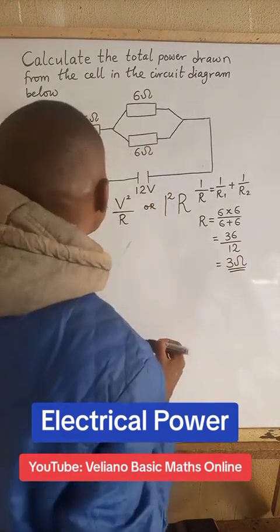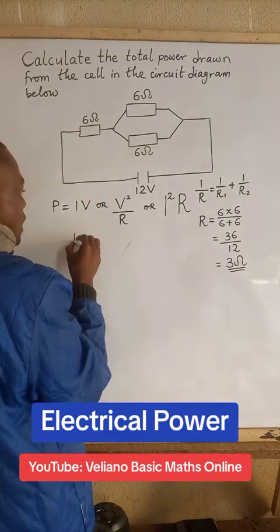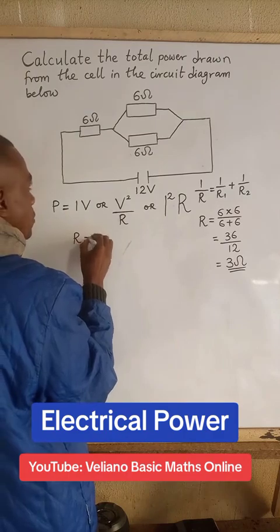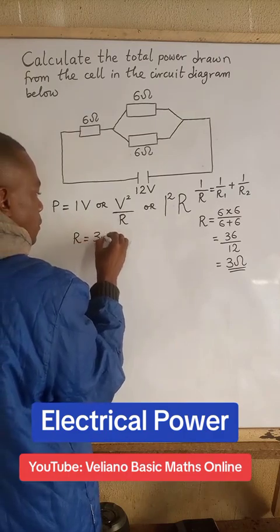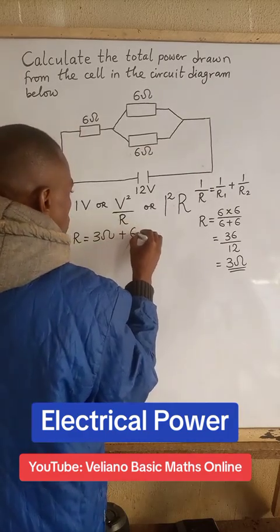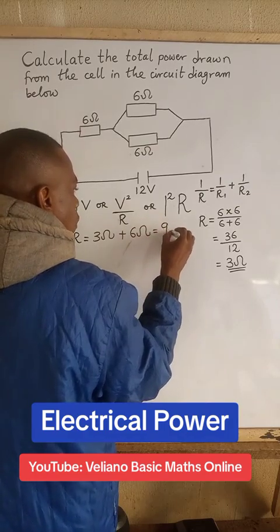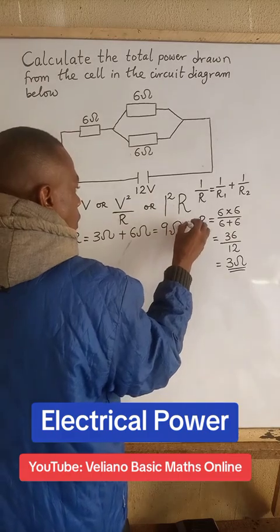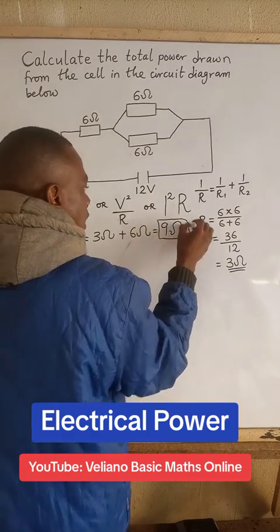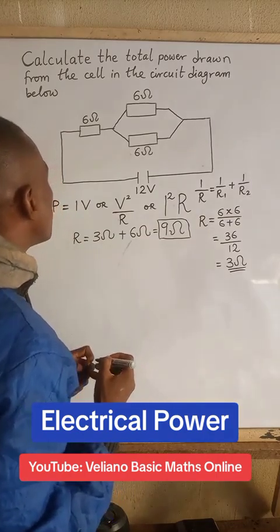But we have the one that is in series. To obtain the total resistance, it will become 3 ohms plus this one, which is 6 ohms. It will give us 9 ohms.